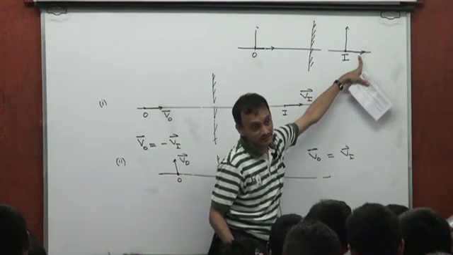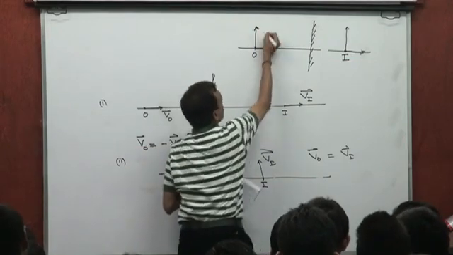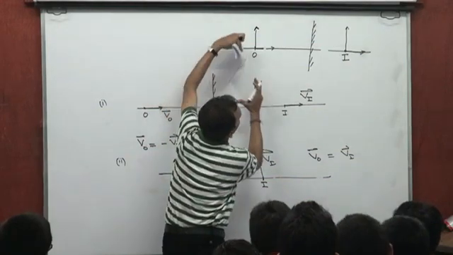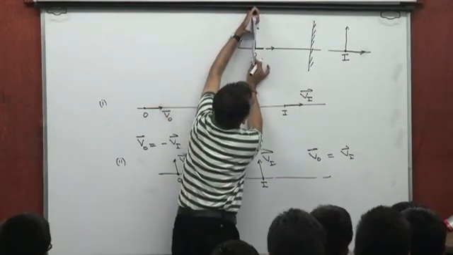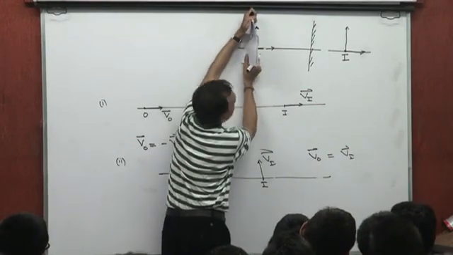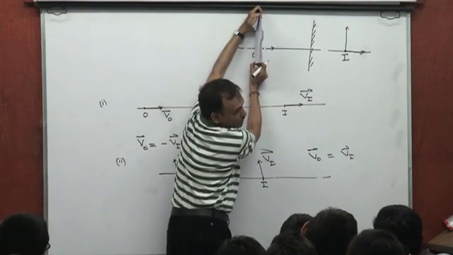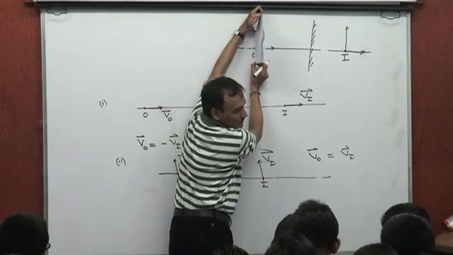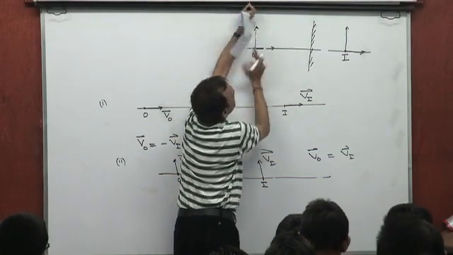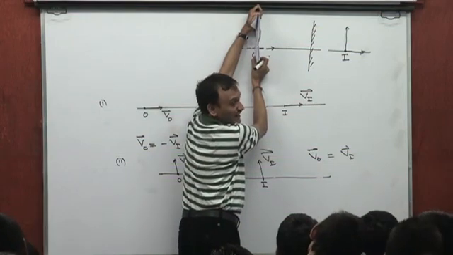That can be said, right? What is this component? This component is in a plane which is perpendicular to the normal direction. Yes or no? So if the normal direction is the z direction, then this velocity must be in the xy direction.